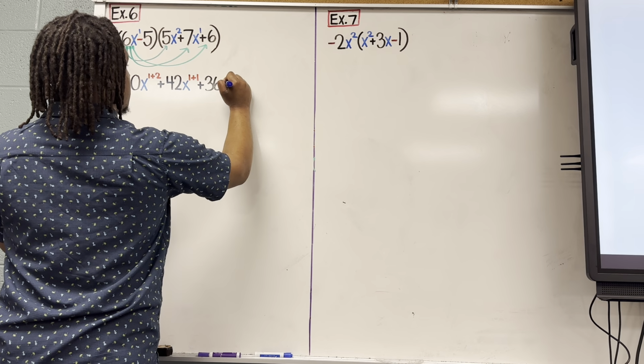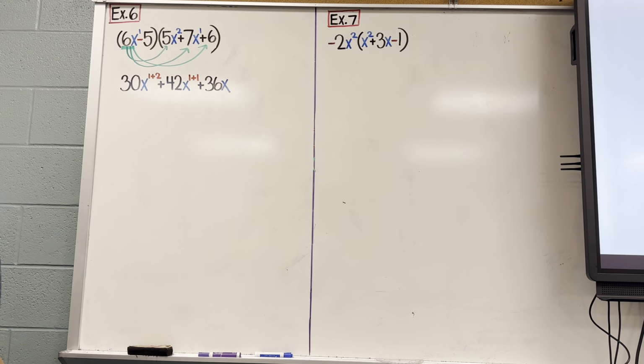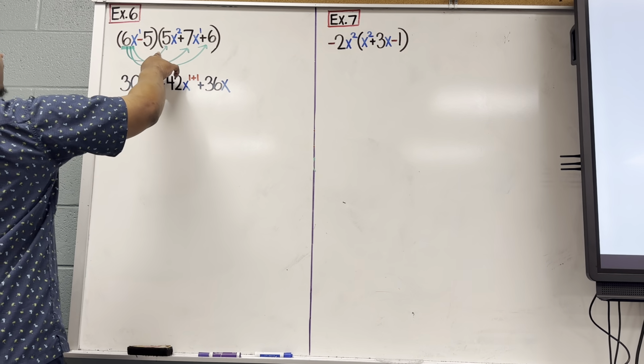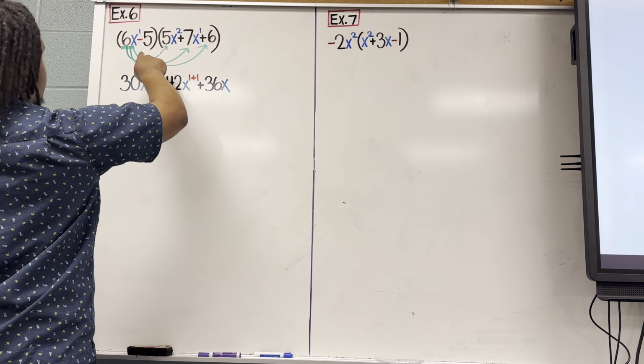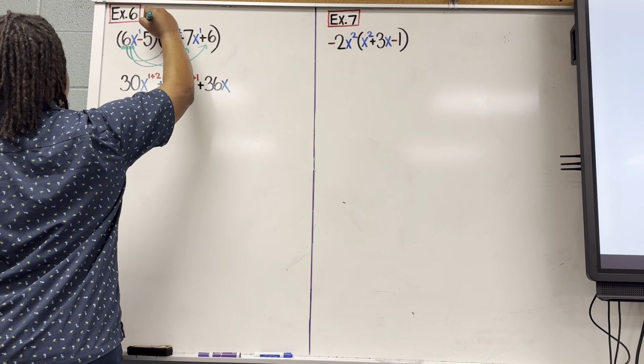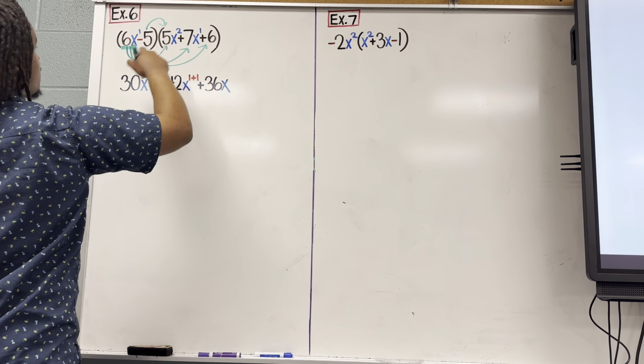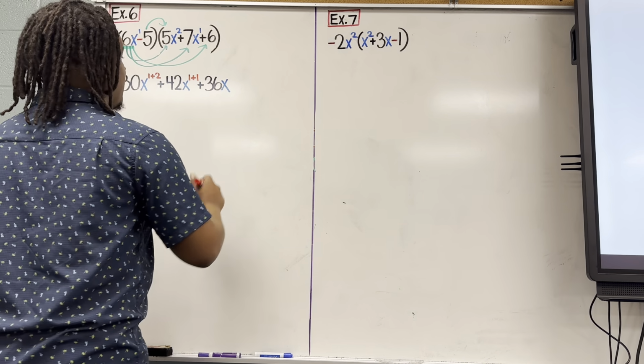36x, okay? And then, guys, it will literally be the same thing for the next value, which I'm gonna multiply everything over here by this -5, okay? -5 times 5x squared is gonna be -25x squared.